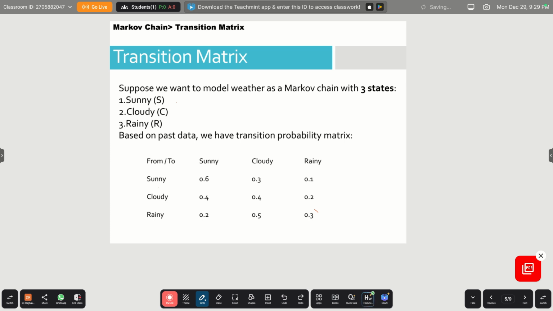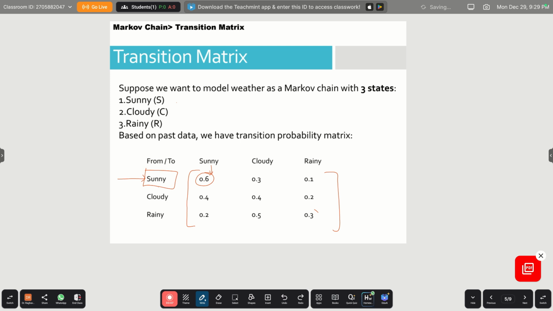So take this example. This is the transition matrix. What this says is, suppose it is a sunny day today, the probability that tomorrow also it's going to be a sunny day is 0.6. Same row, first row, the first row is for sunny.